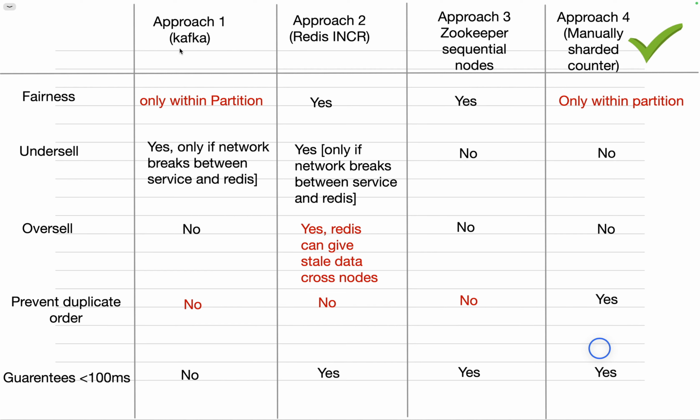So if you see the first one, the approach 1 of Kafka, it was not fair, but we said that it is okay, but the latency is not maintained. So you can imagine it to be in red color.